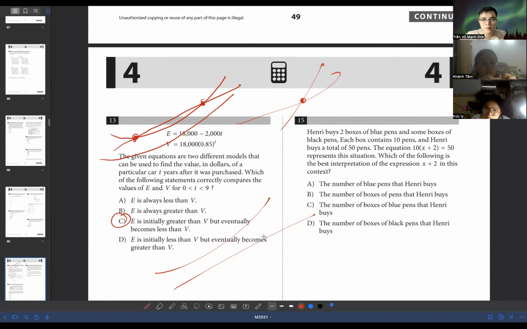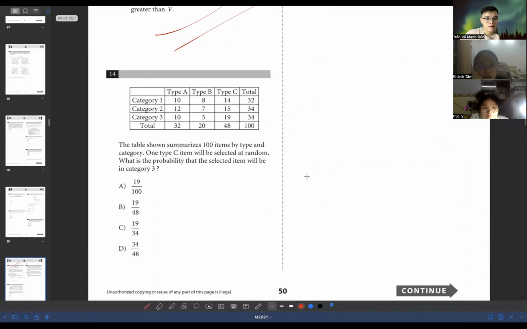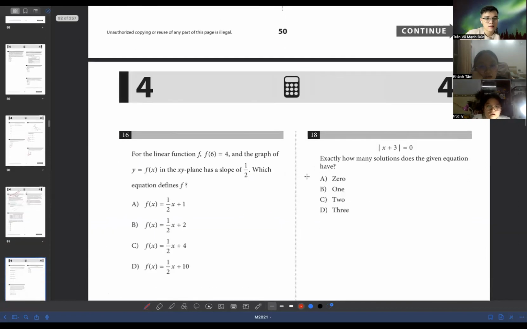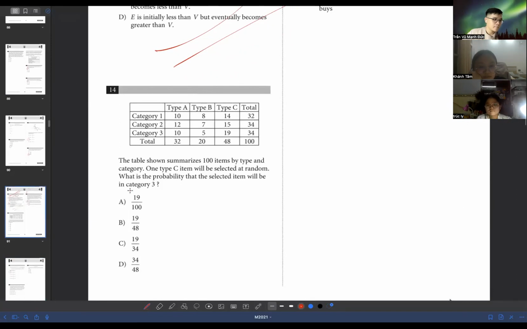Okay. Next up, 15. 15B. Great. 16A. But before I forget, 14. 14B.